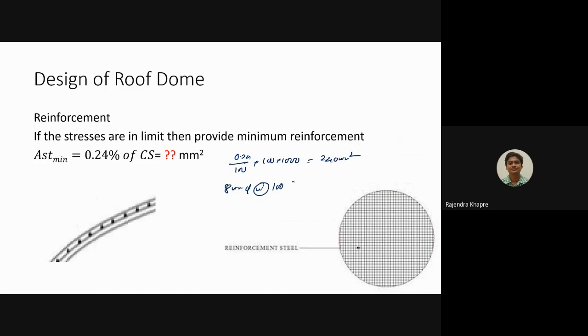But we will be providing 100 center to center, because the thickness over here is only 100, otherwise there will be a punching action, right? So that's why we have to provide 100 center to center. I hope this portion is clear to everybody. Are there any queries? Yes, students, are there any queries?